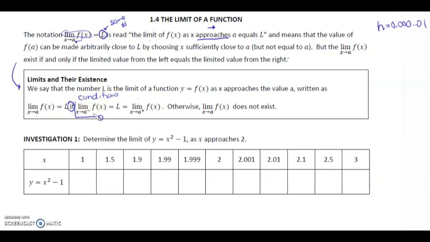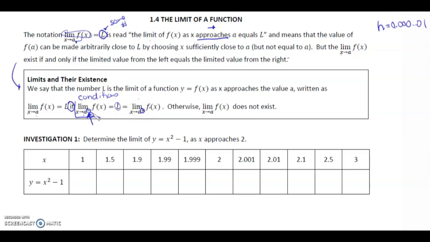The limit of f of x as x approaches a from the left equals some number, but that number also has to be the limit of f of x as x approaches a from the right-hand side.